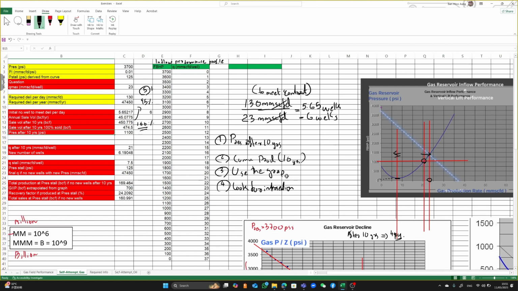I consider this as a 21 because it is pretty close to 21, considering this is 25, 30. So we got the new well flow rate after 10 years, which is 21 million standard cubic feet per day. Units are very important per well as well, because this is one well production profile.